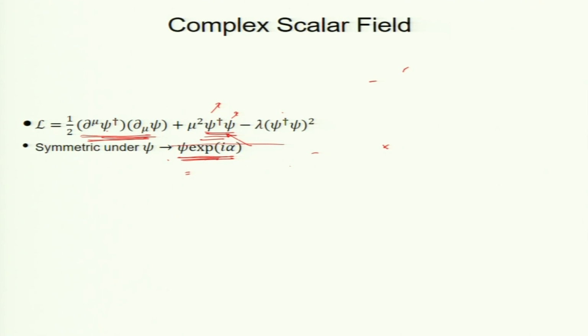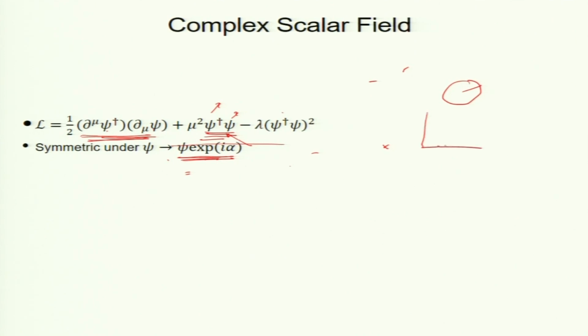But what about the solution? By the way, this alpha is like the azimuthal angle theta in the example I was giving you. Our potential is in fact identical to what the Mexican hat had.